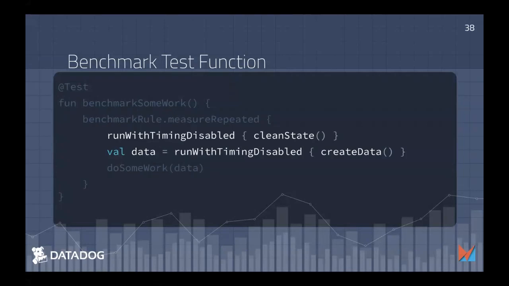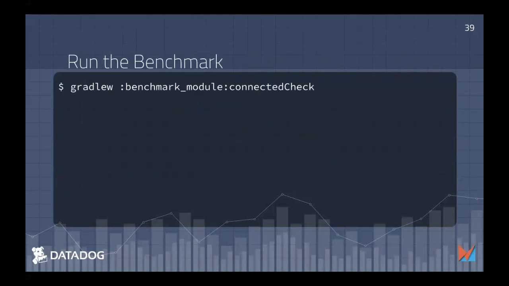So there is this run with timing disabled method that, again, you can pass a lambda to, and everything within the lambda is not going to get measured. So on my first call, the clean state is not going to be measured however long it takes. And on the second call, the result of create data is going to be passed to the value data, meaning that you can create some fake data for your test and extract it and not measure how long it takes to create the data.